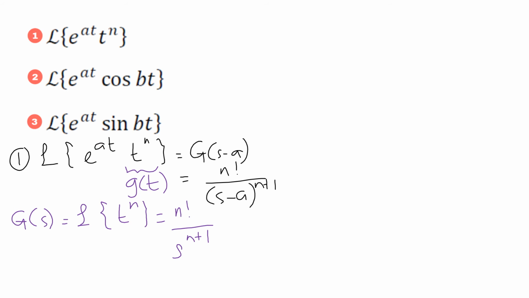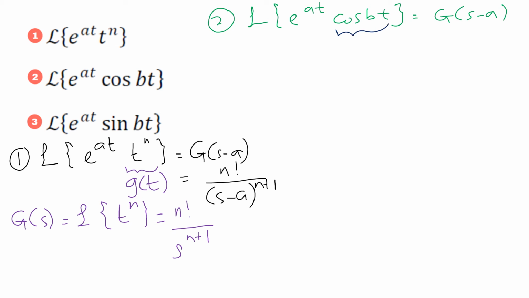Alright, now let's move to the second question. I'm going to use the green pen color. Okay, so number 2, the Laplace of e to the power of at times cos bt, and this is equal to G(s minus a), while g(t) is cos bt.